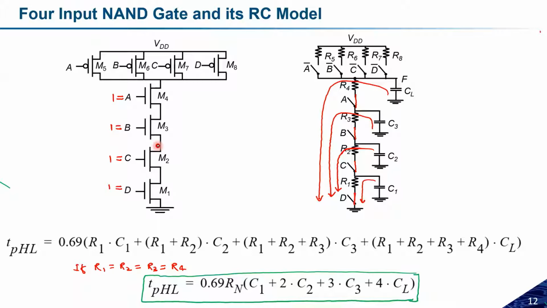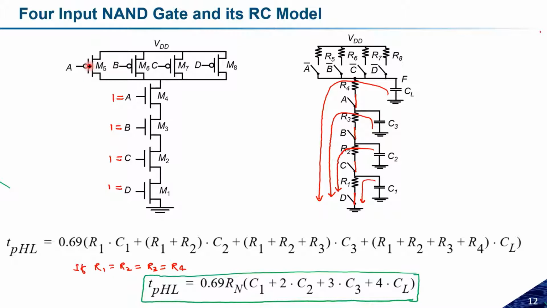So what it means is that if I keep on increasing the number of inputs in a NAND gate, there is no component in series in the pull-up network. All the transistors are in parallel.